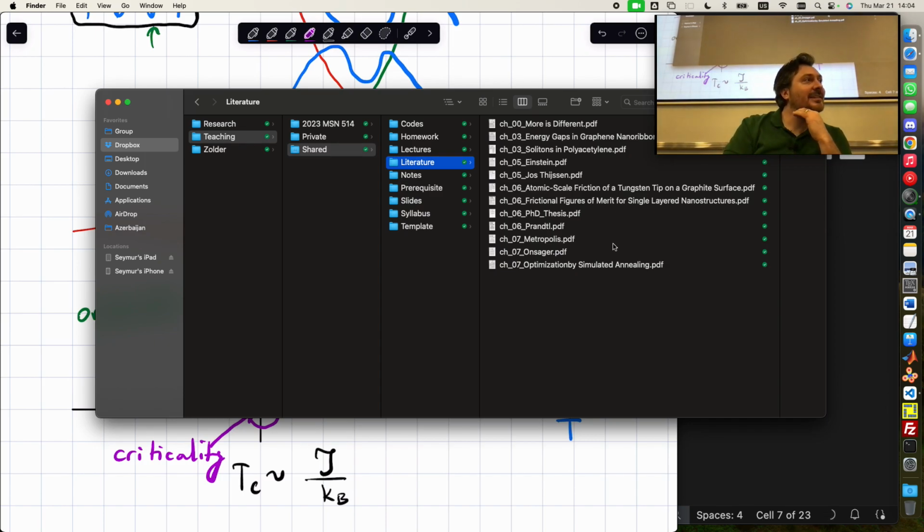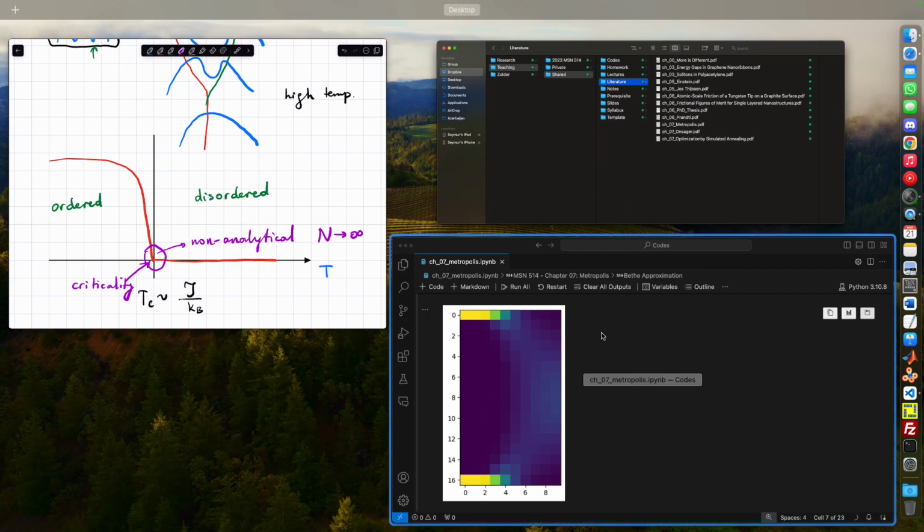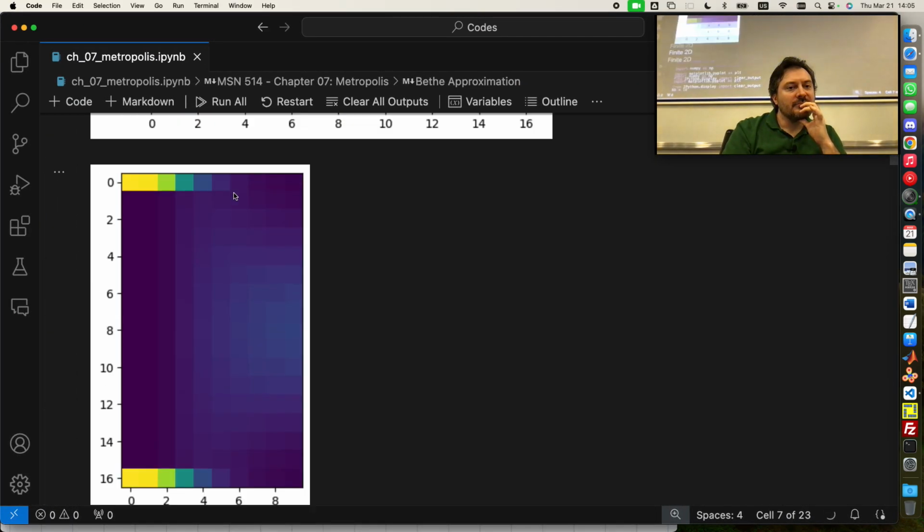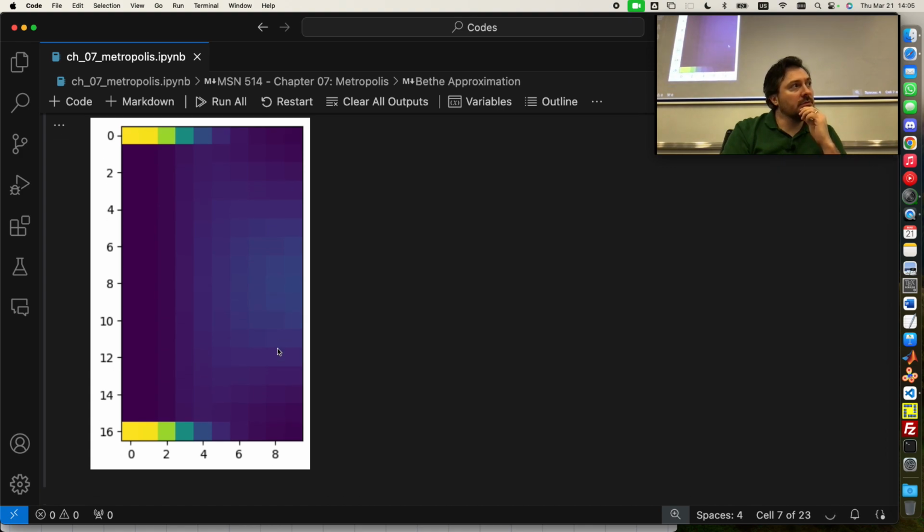Yes? In the heat map of the previous one, we had the same data points, and it is the 2D one. But in the 2D one, should we have many more data points? No, it's the same thing because you still have 16 spins. The way they arrange things.